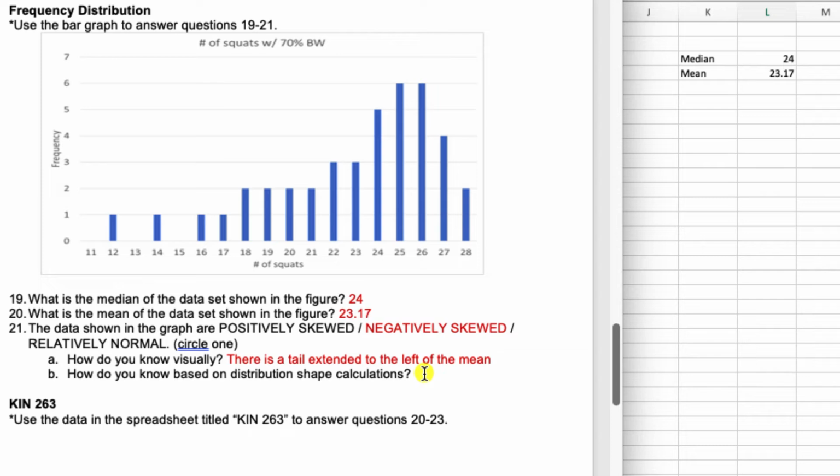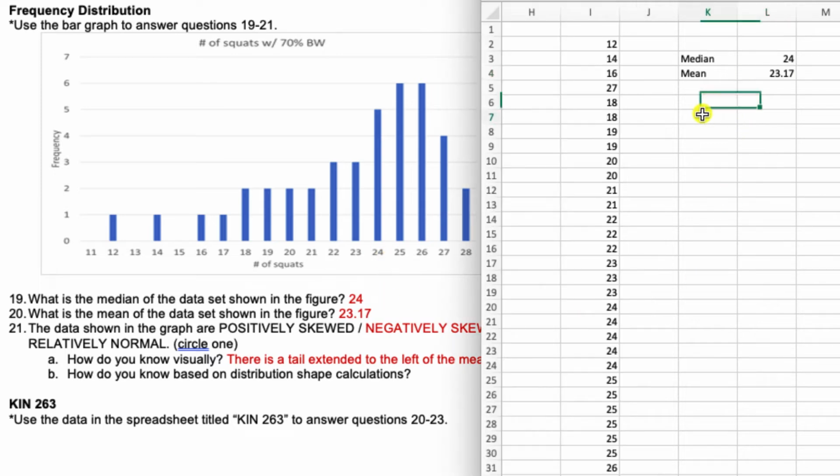How do we know based on distribution shape calculations? So the only distribution shape calculations we can run off of these data are skewness and kurtosis.